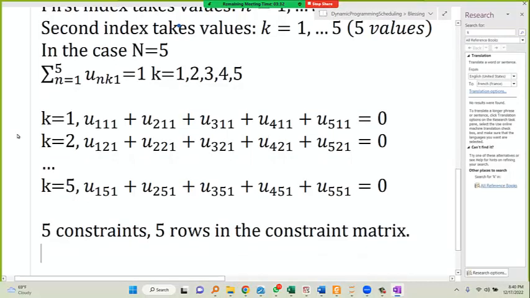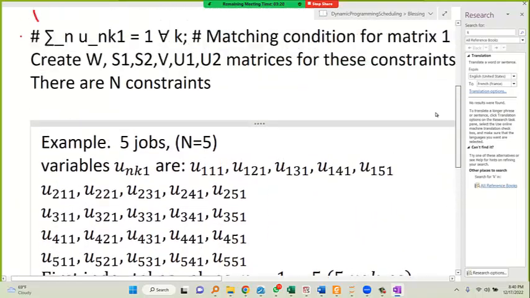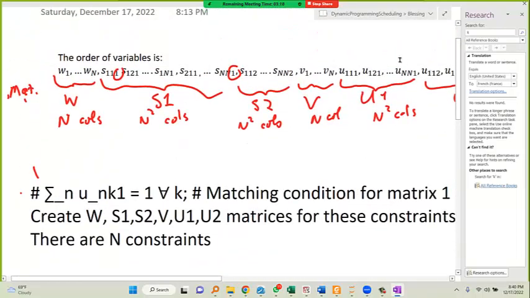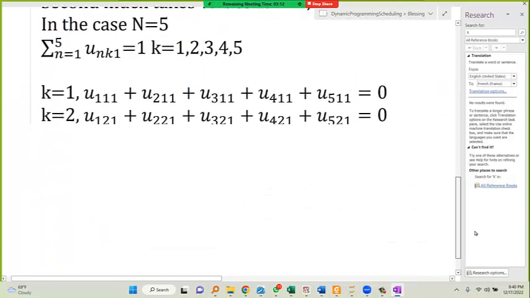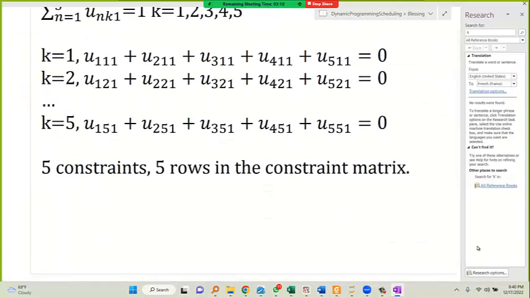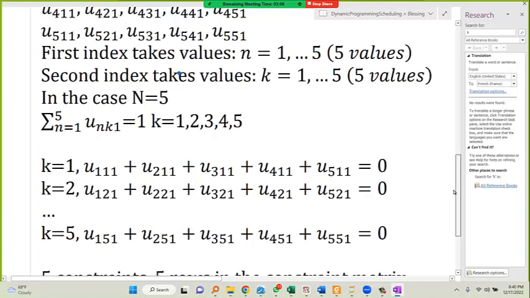Now all of these variables are U1 variables. Up here we had U1 and U2, so these are all U1 variables. Now the U1 matrix has n squared columns.